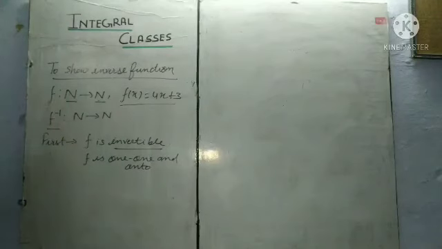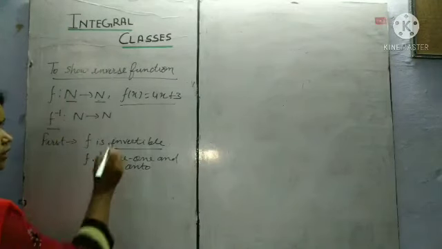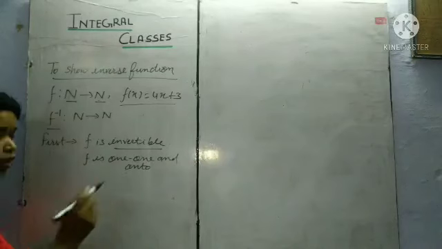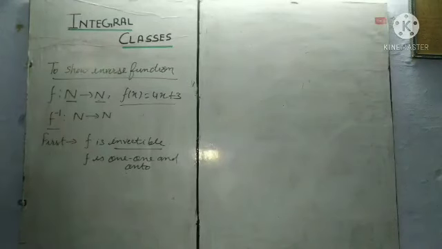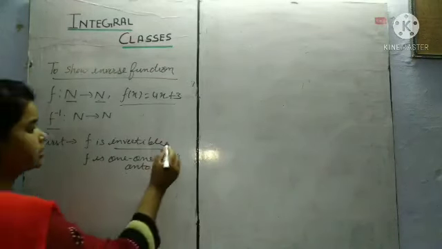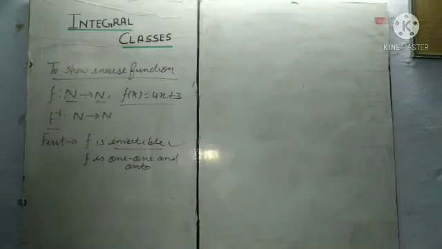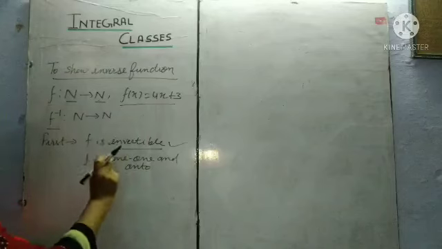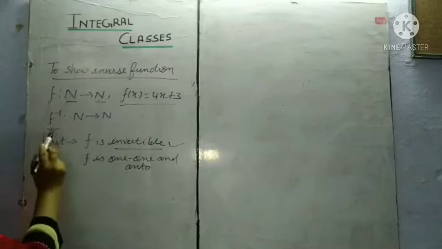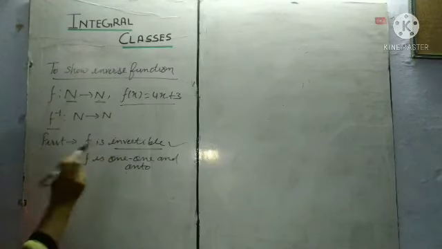So firstly we will show this function is 1-1 or onto. It means it is bijective. If a function is bijective, it means it is invertible, and if a function is invertible, its inverse function also exists.